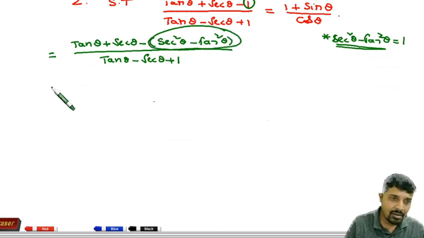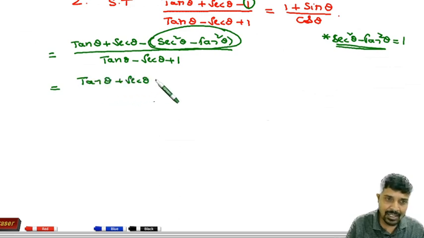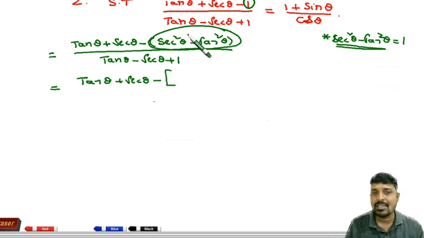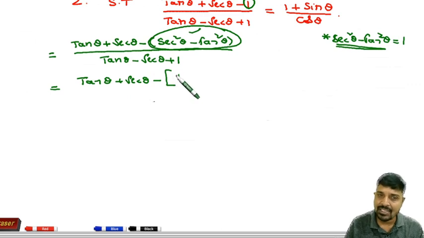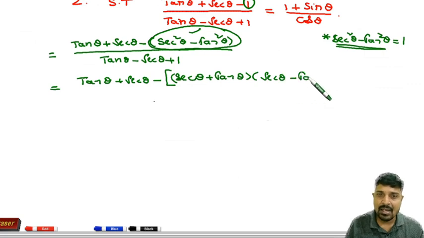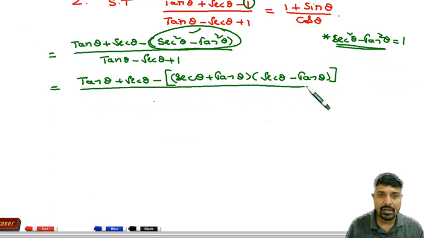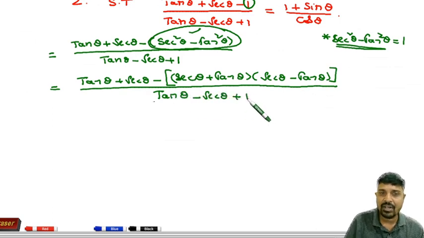Now we are going to write it as tan theta plus sec theta minus, this is the algebraic expression a square minus b square, we can write it as a minus b times a plus b, that is sec theta plus tan theta times sec theta minus tan theta, over the denominator unchanged, that is tan theta minus sec theta plus 1.